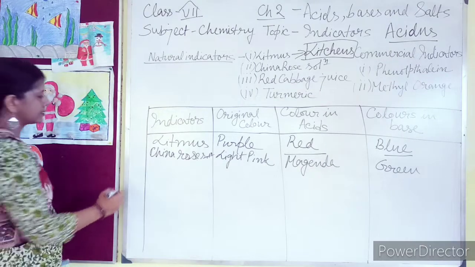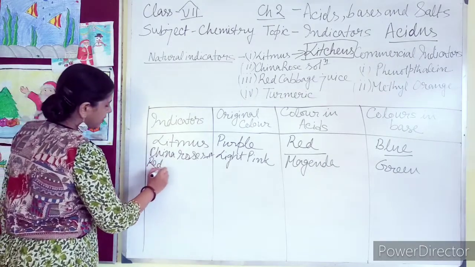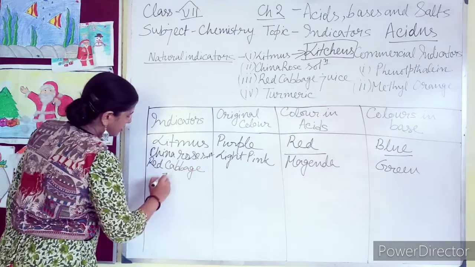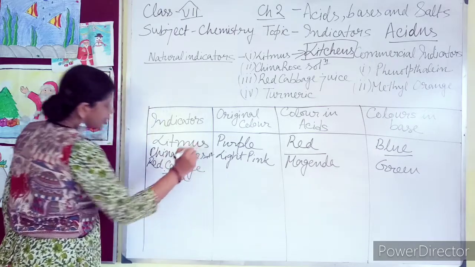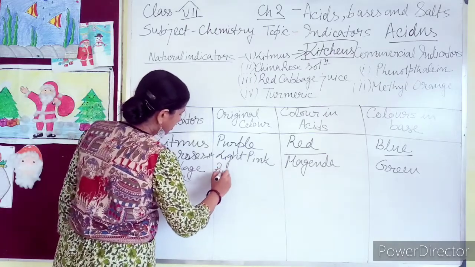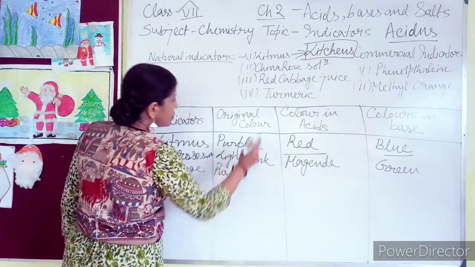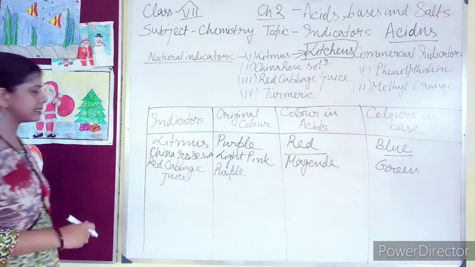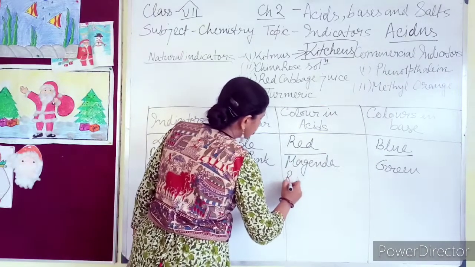Now third one is red cabbage juice. This is also purple in color or light pink you can write. What are the changes in color in acidic and basic solution? In acid it is red to pink.